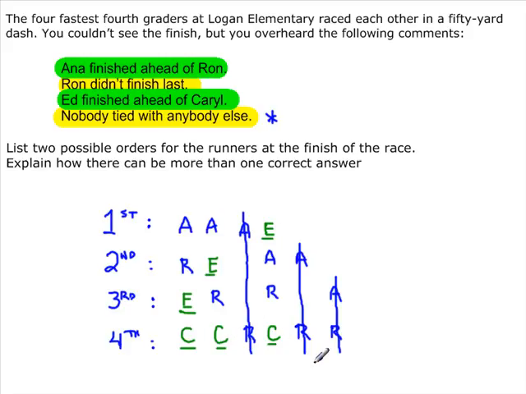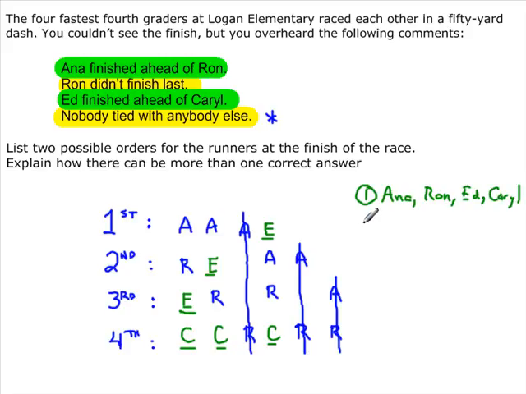So this is interesting. Given that information, there are 3 possible orders for the runners at the finish of the race. And basically, we just need to have 2 of these. So 2 possible orders are, so the first possible order is Anna, Ron, E for Ed, and C for Carl.